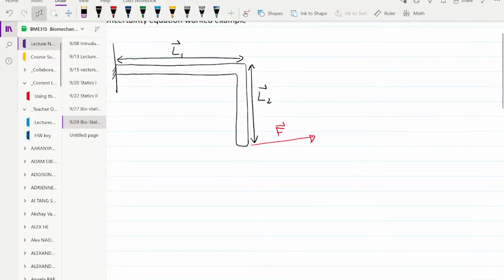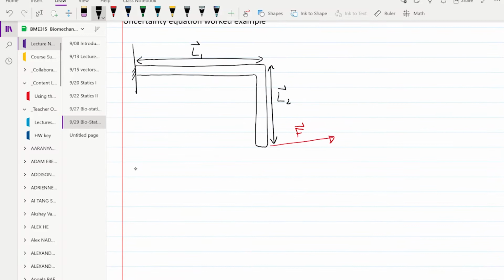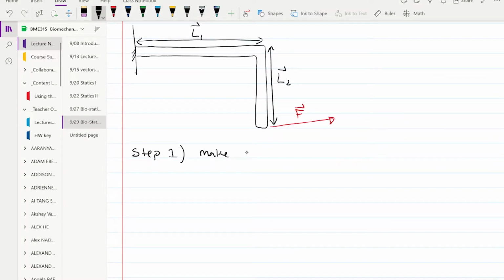Okay, so step one of uncertainty equations is to make the system of equations with all variables. So instead of plugging numbers in, we're going to write a list of variables and solve the problem with only variables.